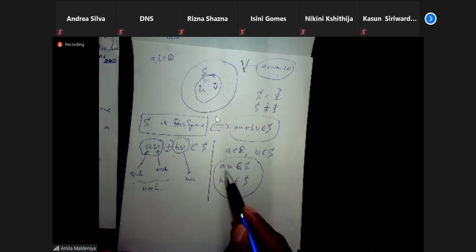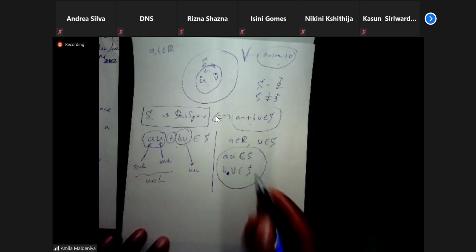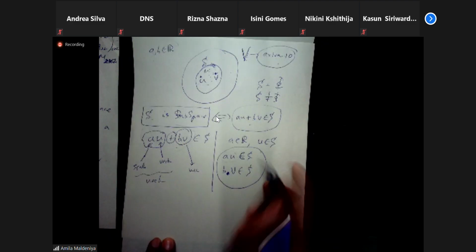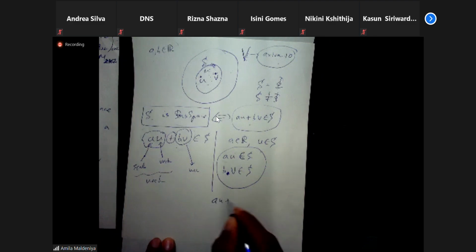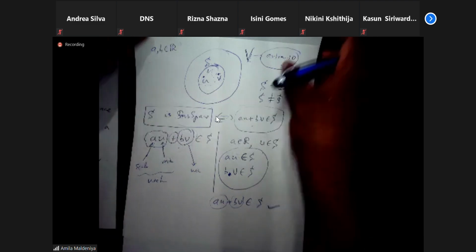Therefore, AU is in S. BV, sorry, this has to be BV. There's no comma. BV is also in S. So if you have two elements in S, what can you say about AU plus BV? Can you say this is also in S? Yes, this element is in S, this element is also in S. So the addition of two vectors is also in S, because it's a vector space. So therefore this is true. So automatically this is true from these properties, right?